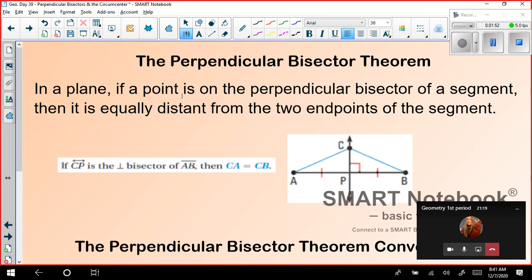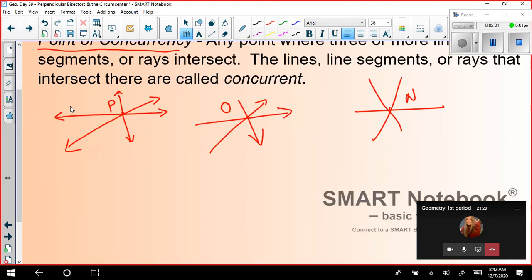Before we see some more definitions, let's see what the perpendicular bisector theorem is. We saw the mid-segment theorem in the previous class, so let's recollect it.